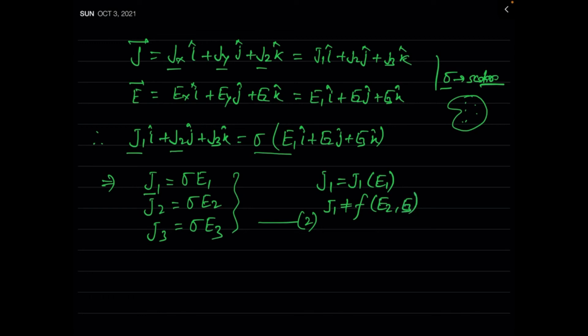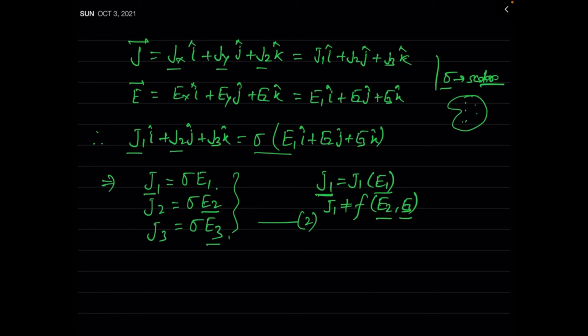The x component of the current density vector depends only on the x component of the electric field vector. It is independent of the y and z components of the electric field vector. Similarly, the y component of the current density vector depends only on the y component of the electric field E2, and it is completely independent of the x and z components. And similarly, J3 is a function of E3 only. It is independent of E1 and E2.